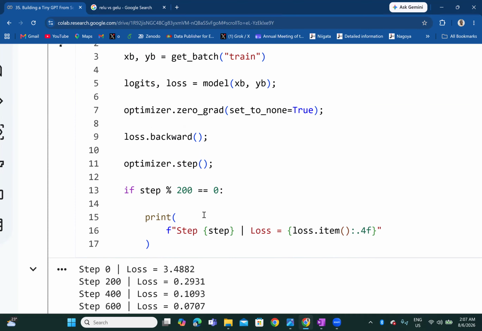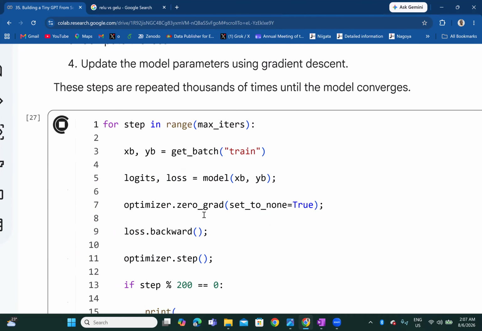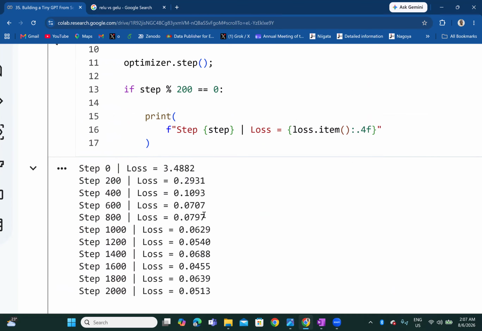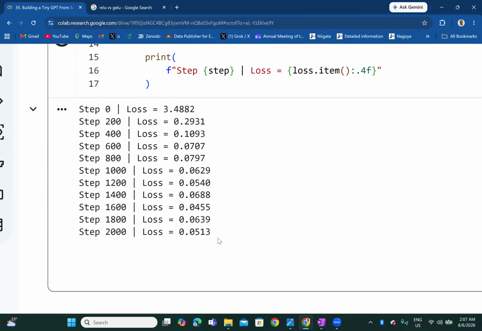So that's the process of the training loop, to be sure that we have an acceptable level of loss. At step 2000, you have loss 0.0513. You can see it grew ahead of this. This one increased also, so it's kind of unstable. This one has also grown big. But that's the whole training process going on.